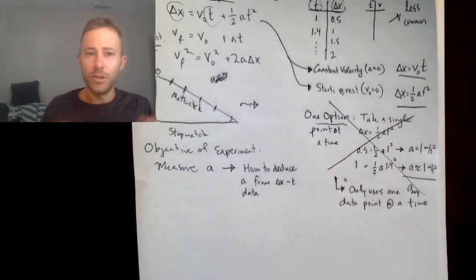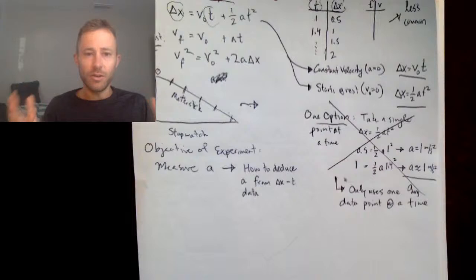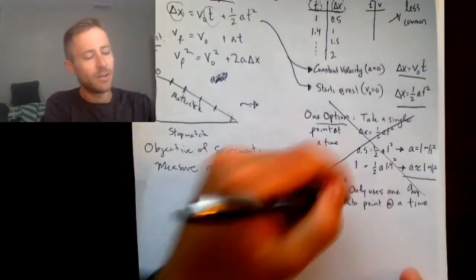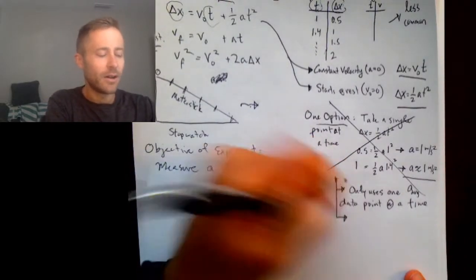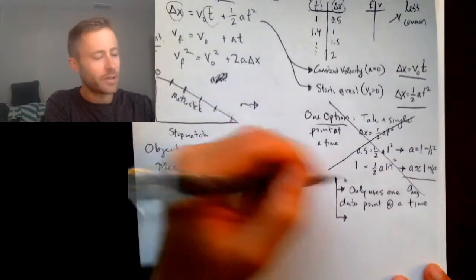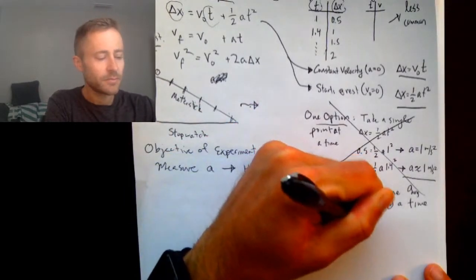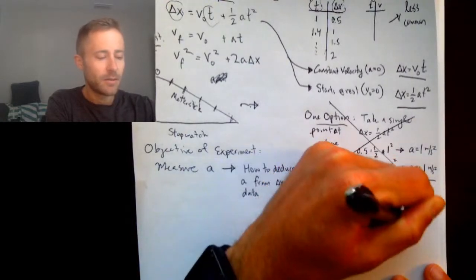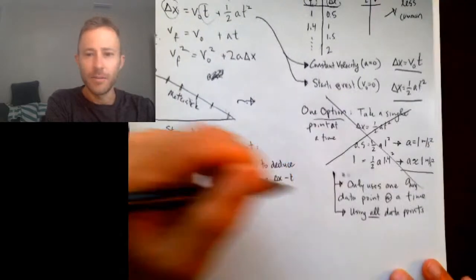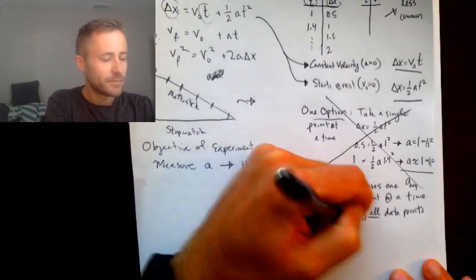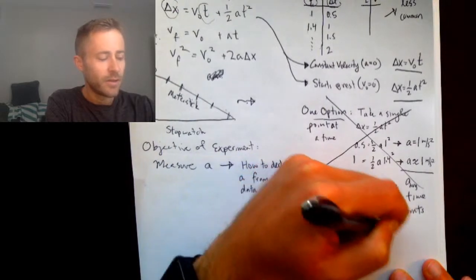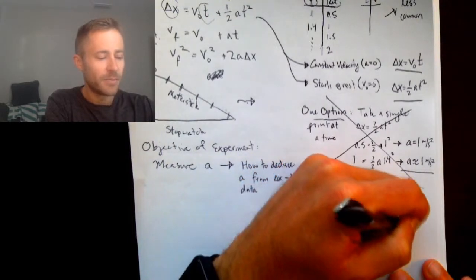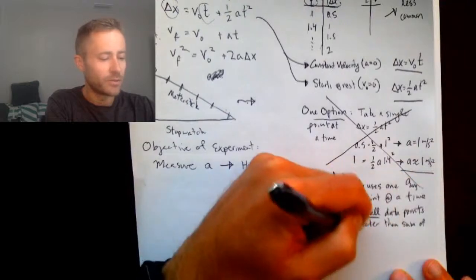But if we use all of the data points collectively, then the experimental error tends to cancel out. So this is a case where using all the data points is greater than the sum of the individual points.